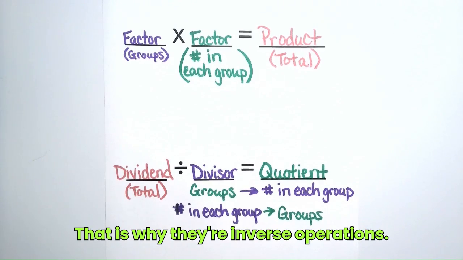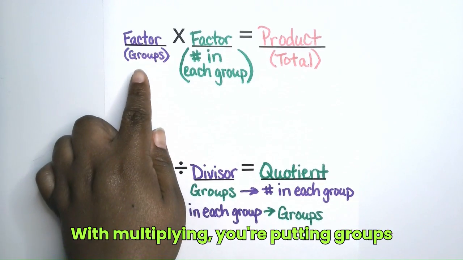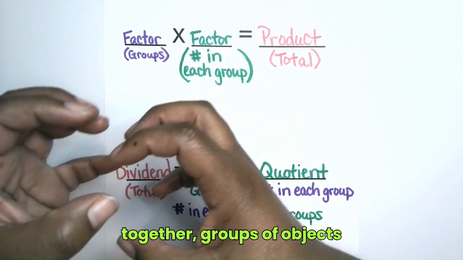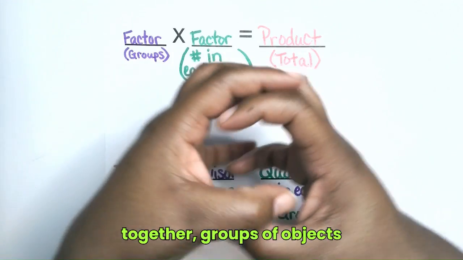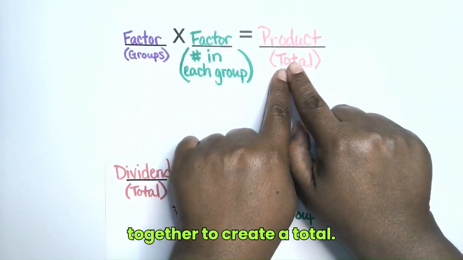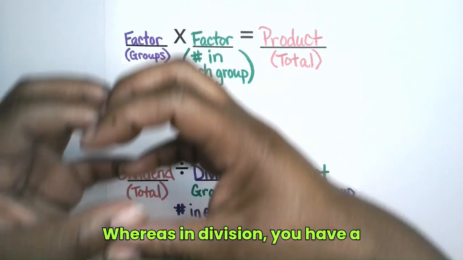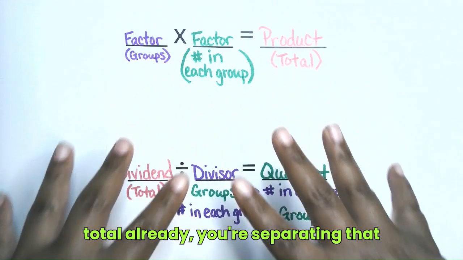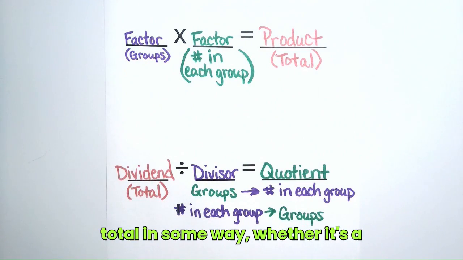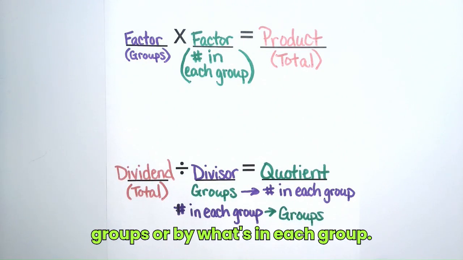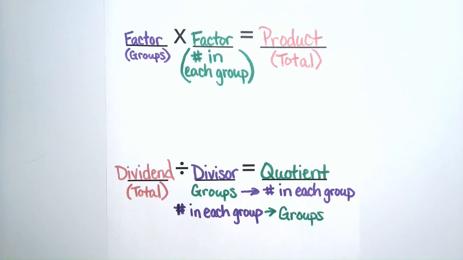That is why they're inverse operations. With multiplying, you're putting groups of objects together to create a total. Whereas in division, you have a total already. You're separating that total in some way, whether it's groups or by what's in each group.